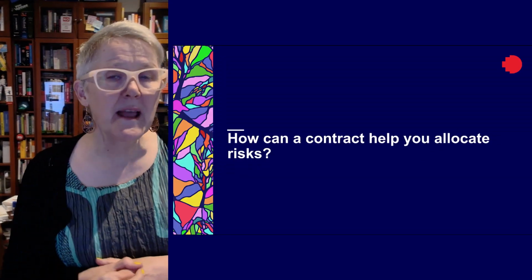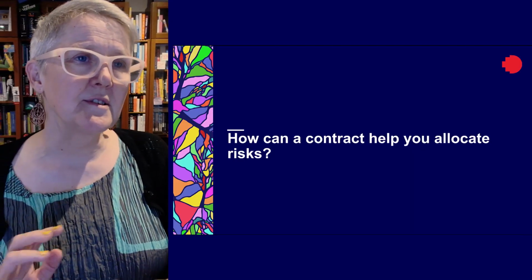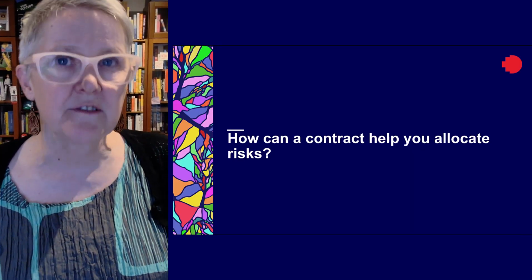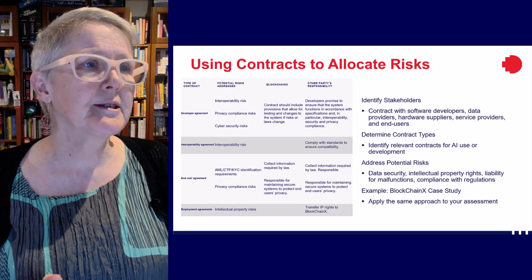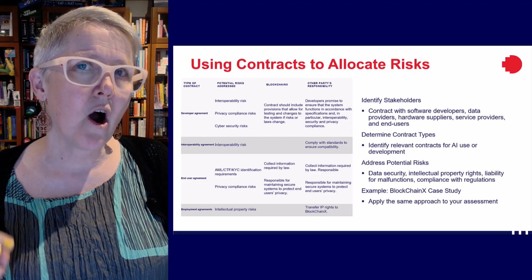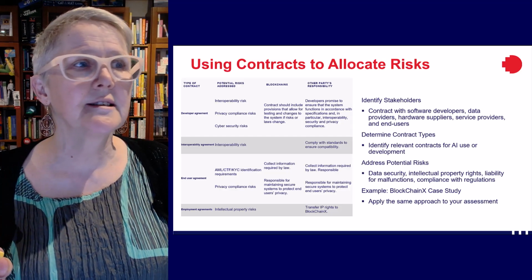I'm not going to spend any real time talking about this risk allocation piece because I have truly run out of time. I just want to point you to the material on Canvas in relation to this.